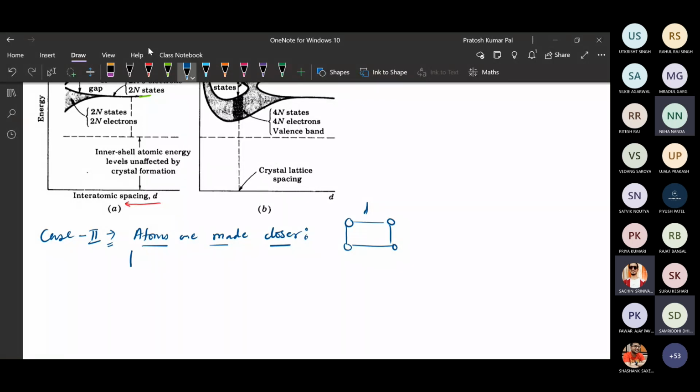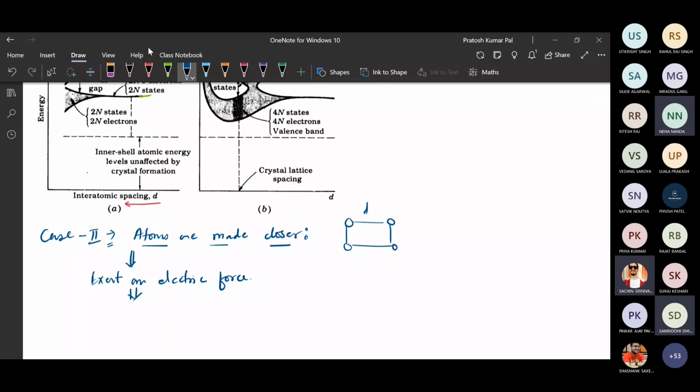So these atoms will exert an electric force on each other, such that the atoms will form coupled atoms.